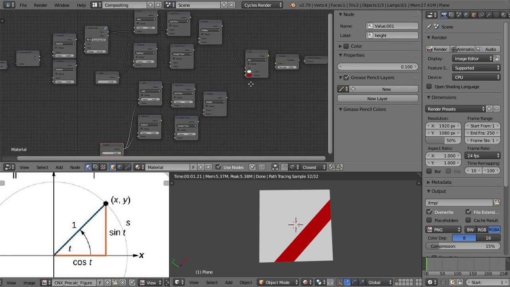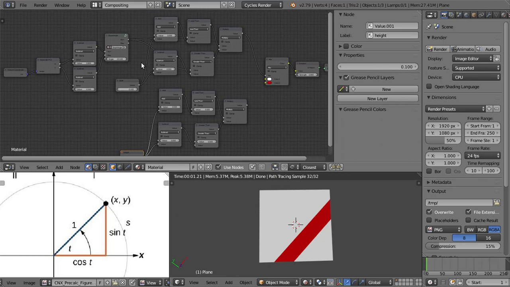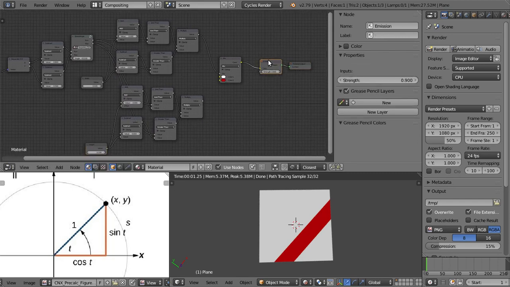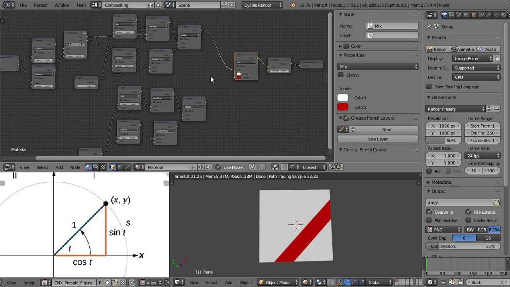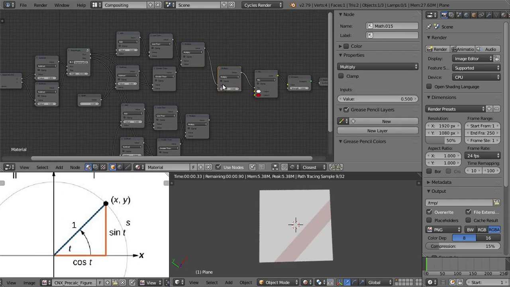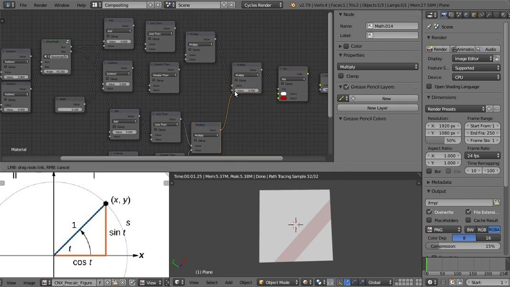And now instead of multiplying by the run, we're multiplying by the rise. So one over there. Let's see if I did that right when I wired it up. And multiply.